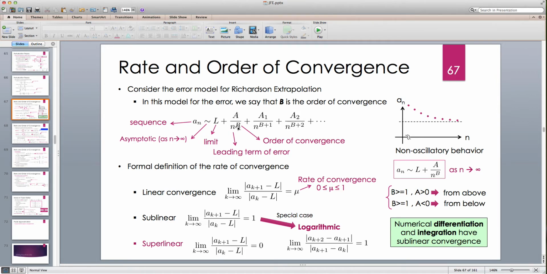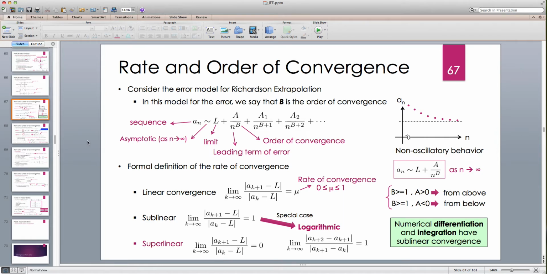That's the dominant term for the error. And we say that a over n to the b is the leading term of the error, which is typically what is actually defining the behavior of the error. And then b is the order of convergence or the strength of convergence. Obviously, the larger the b, the faster the error goes to 0.